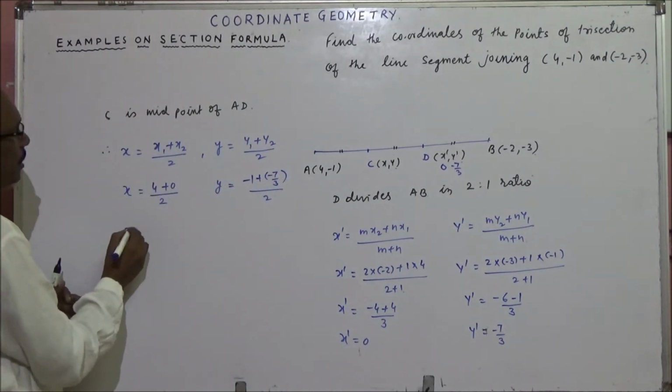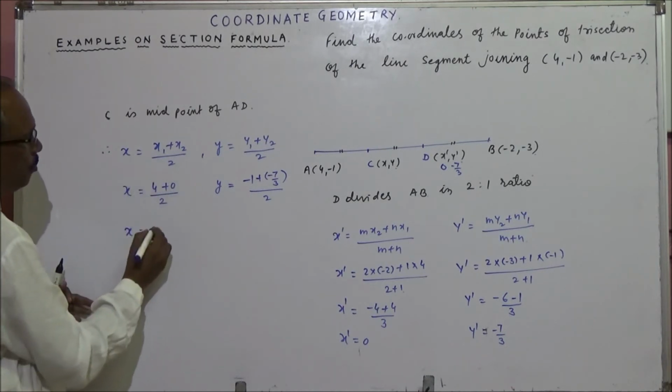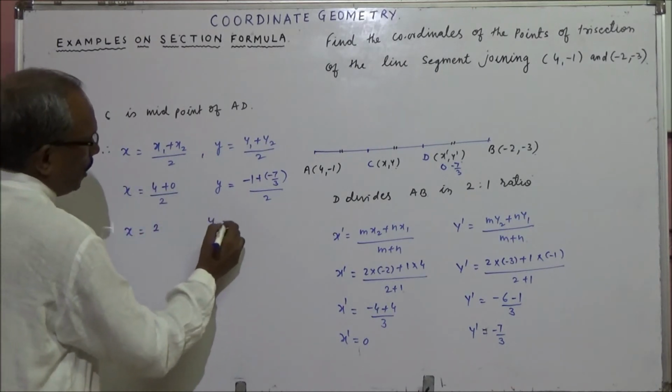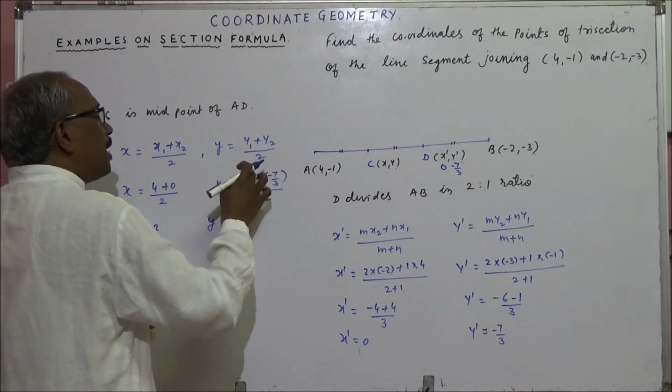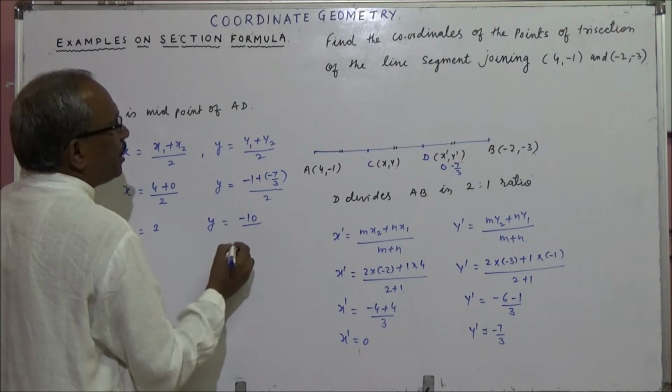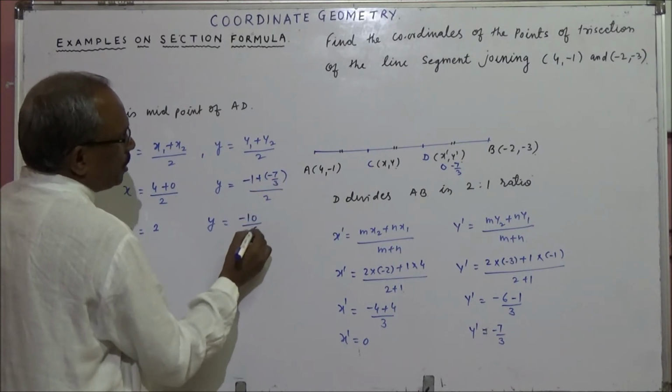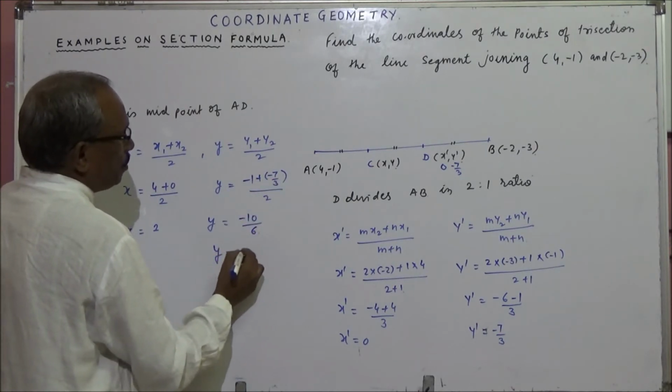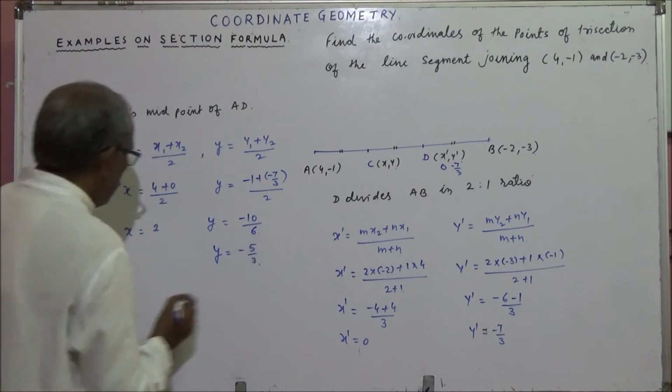So therefore x is equal to 4 upon 2 is 2, y is equal to (-3 minus 7), it is -10 upon 3 into 2, 6. So y is equal to -5 by 3.